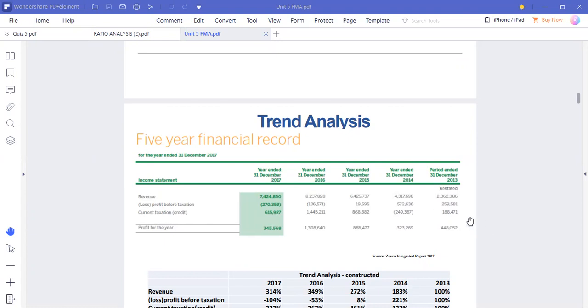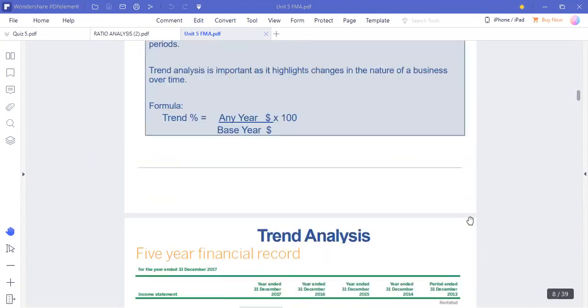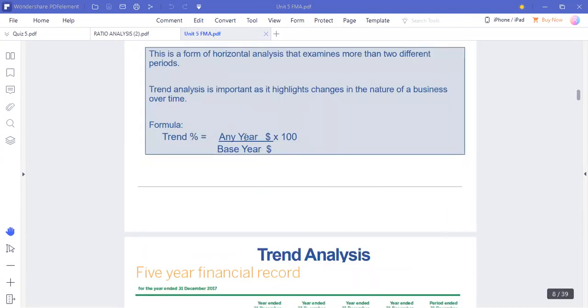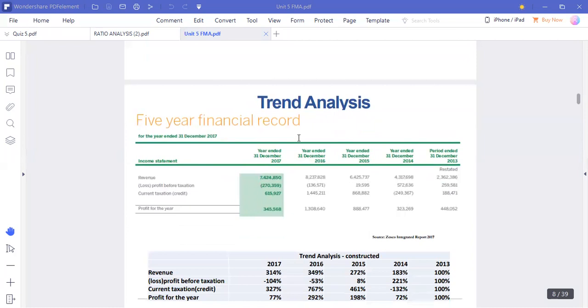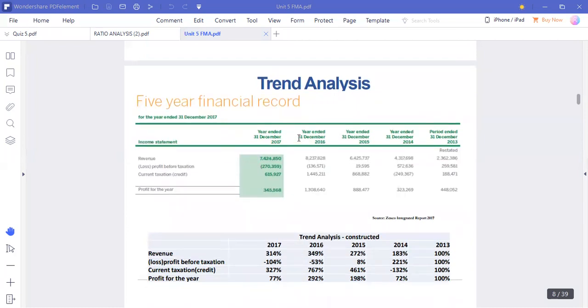So now we want to use the trend analysis. Remember, the trend analysis is any year's dollar or kwacha amount divided by the base year times 100. Our base year is the youngest year, which will always be 100%.